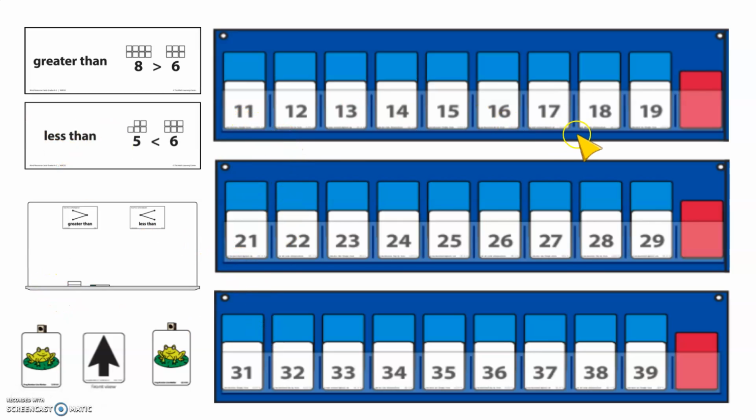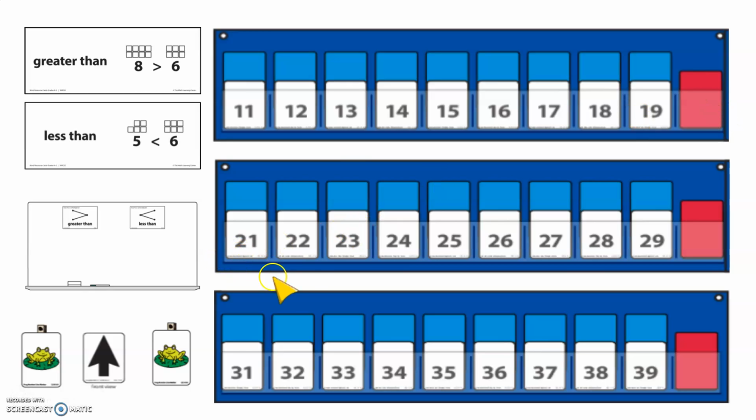All Stars, I want to challenge you even more. We have a lot of numbers on our information chart today. I want you to count with me. Can we count starting at the number 11 and go all the way to the number 39? Here we go. 11, 12, 13, 14, 15, 16, 17, 18, 19. We're missing a number. What would that number be? 20.